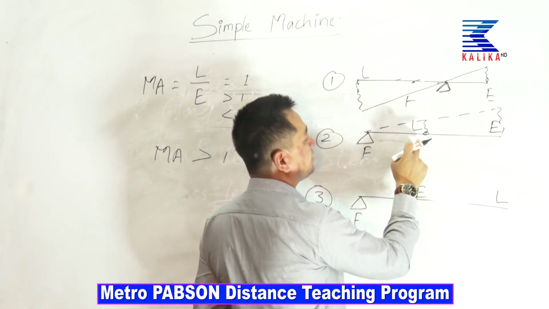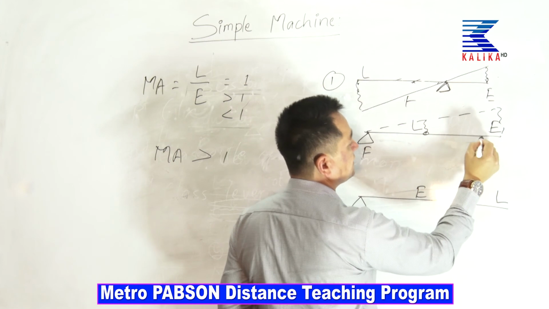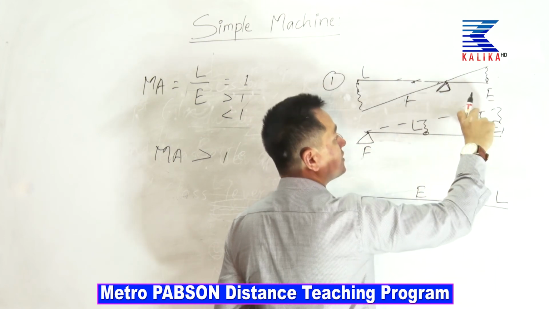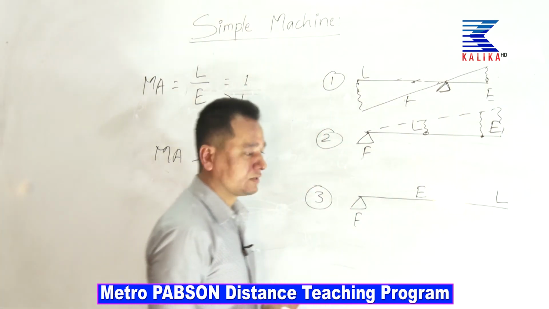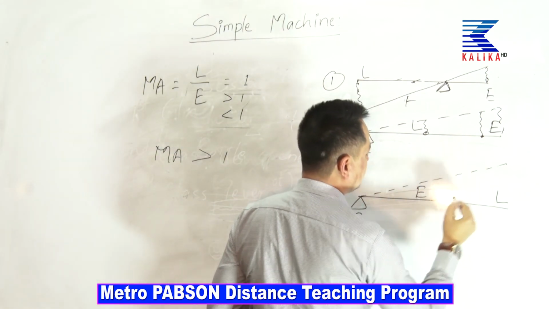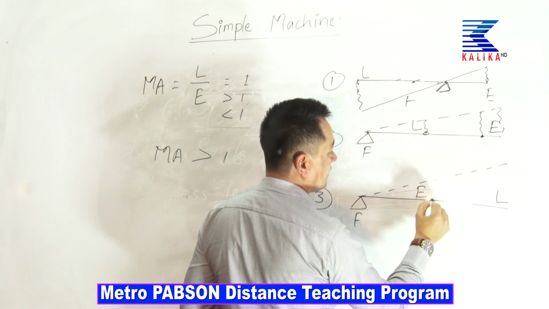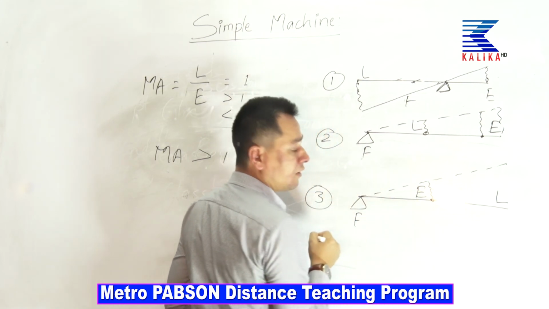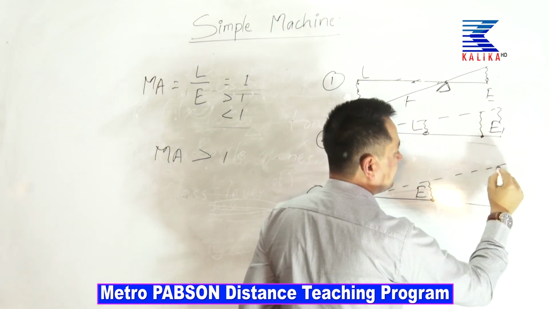So wherever the load be, here, here, or suppose it is here, load distance is still smaller than effort distance. Now in case of third class lever, suppose we apply effort at this point, so this is the distance traveled by effort and this is the load distance.